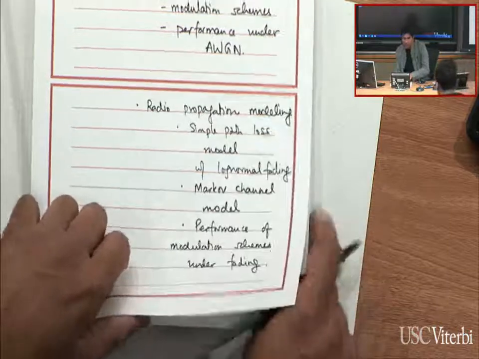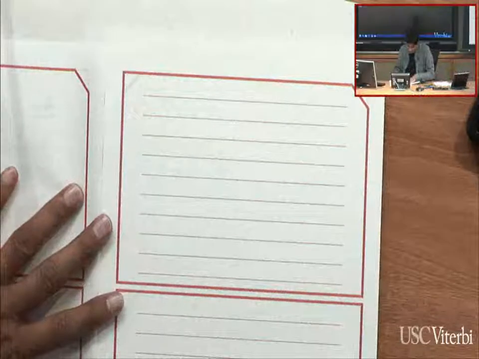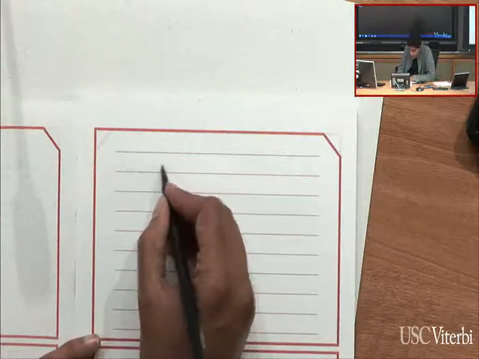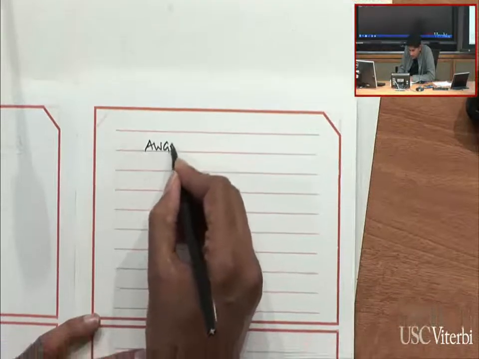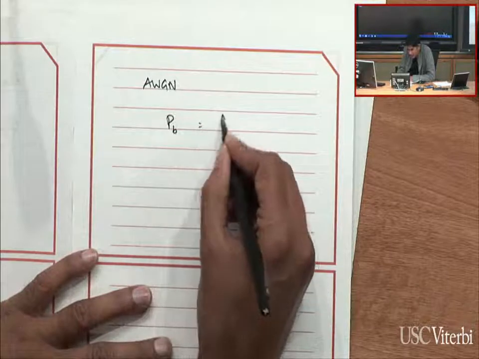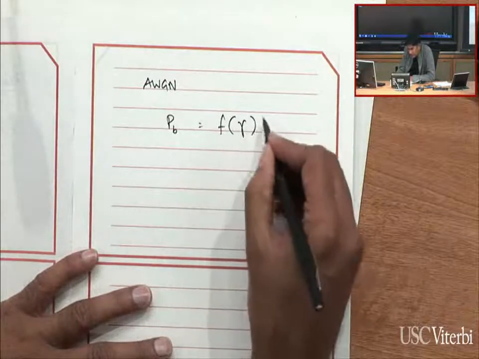So just to reinforce what we talked about, we said that whatever modulation scheme you have under AWGN, you can always describe the bit error rate as some function of the SNR.